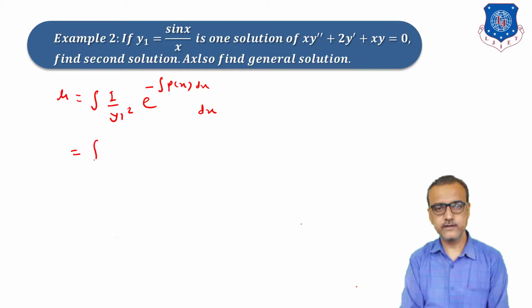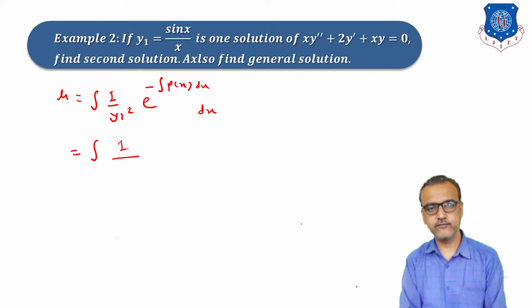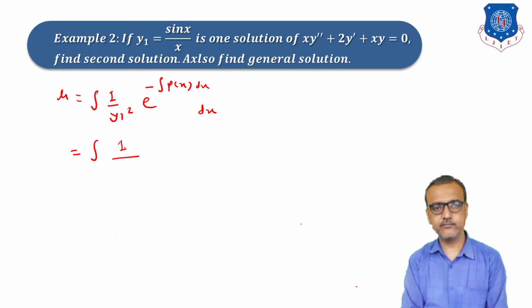So u equals integration 1 upon y1 square. y1 is sin x by x, so the square will become sin square x divided by x square, and I will write this as x square in the numerator.